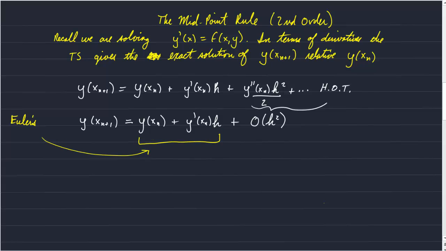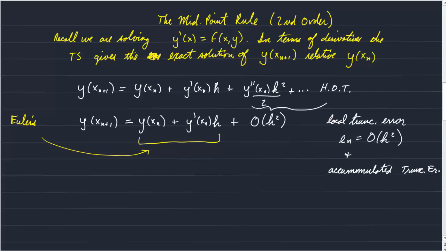And therefore, the local truncation error was E sub n is equal to the remainder, which was of order h squared, and the accumulated truncation error was big E sub n, and that was of order h.